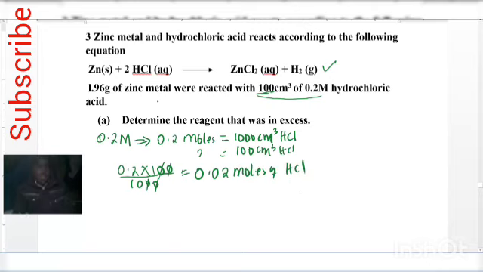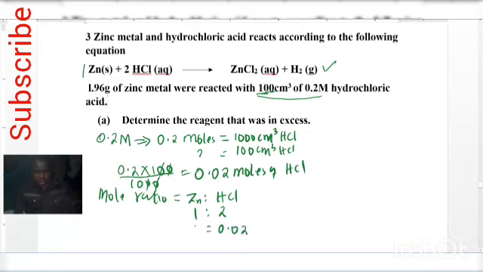What is the relationship between HCl and zinc? The mole ratio is 2:1. So there is 1 here. So 2 moles of HCl reacted with 1 mole of zinc. If that is the case, then we can write here that the mole ratio of zinc to HCl is 1:2, but the moles of HCl is 0.02.